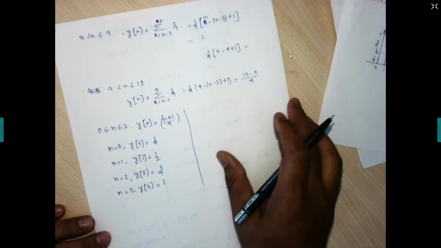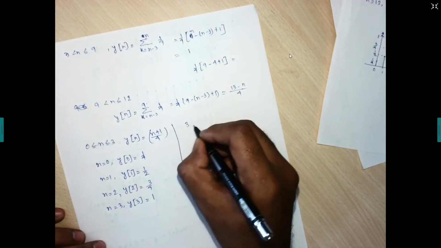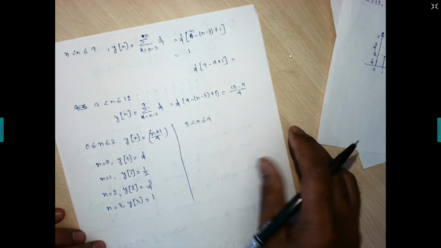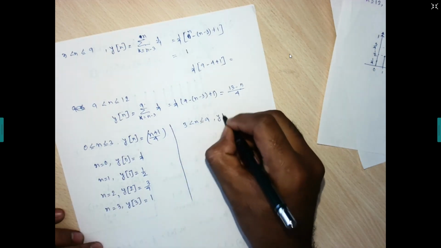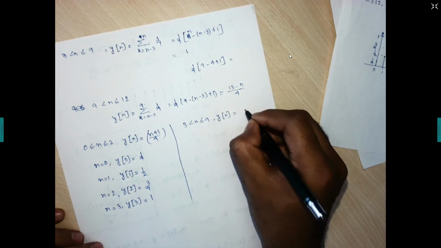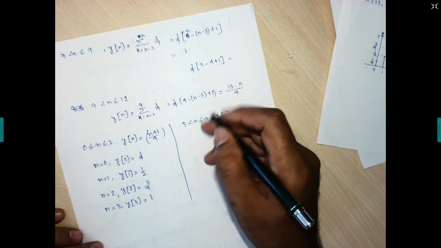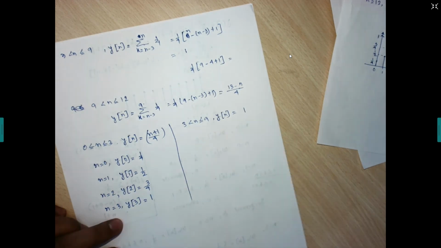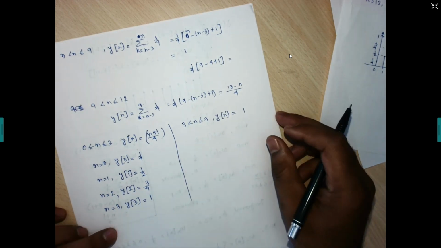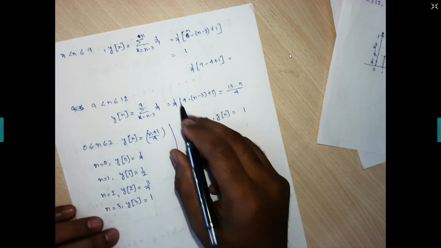Now if you go with 3 to 9, meaning beyond 3 and up to 9, y of n is completely 1. So all the samples starting from 3 and going up to 9 have amplitude 1. Okay, clear?